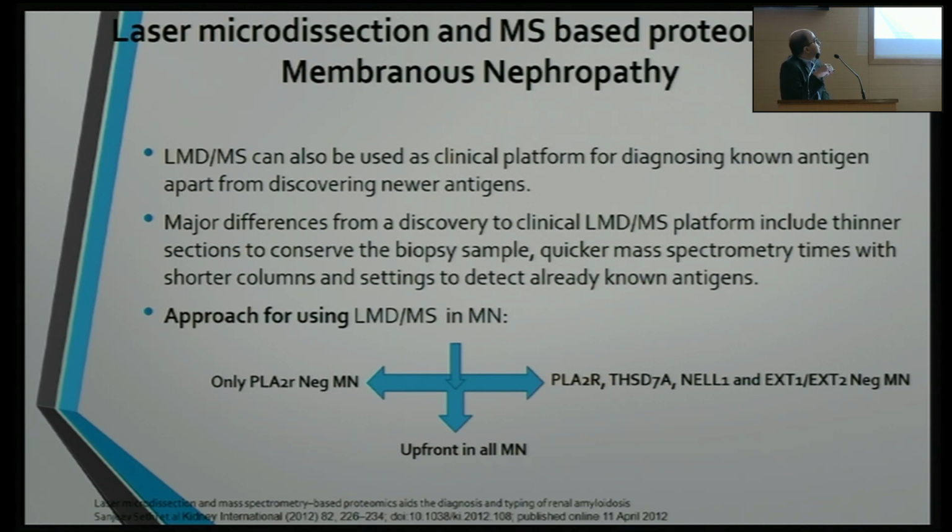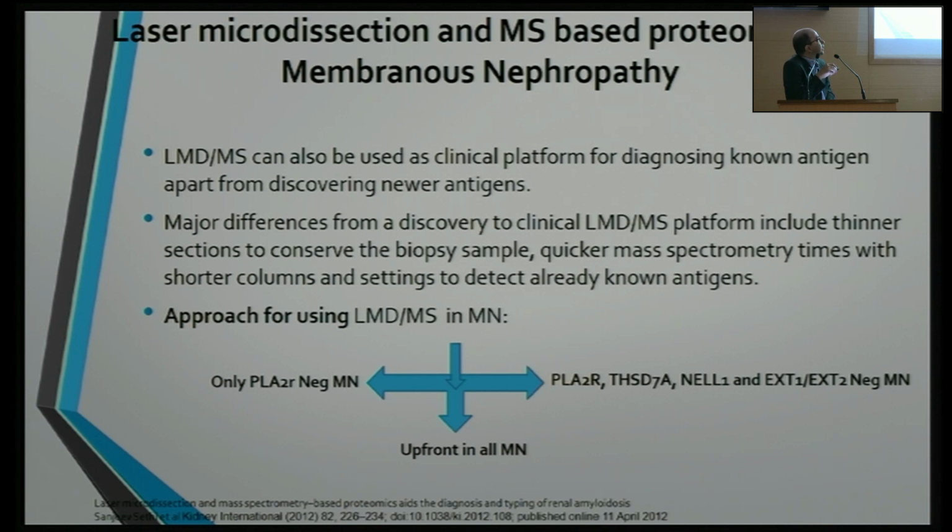And the differences will be that it will include thinner sections to conserve the biopsy, quicker spectrometry time, shorter columns, and settings to detect the known antigen. So what are the approaches which can be used? Of course, the first approach will be that you use it in PLA2R negative and secondary panel negative membranous, which actually is the most cost effective in our study.